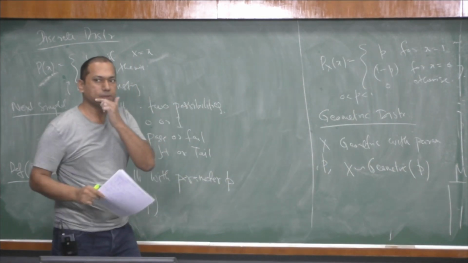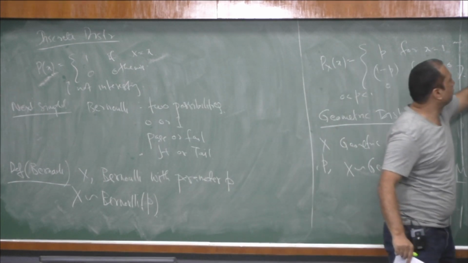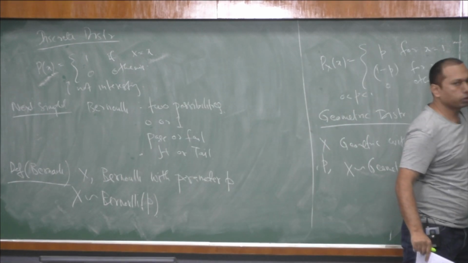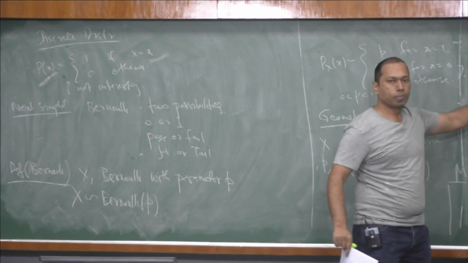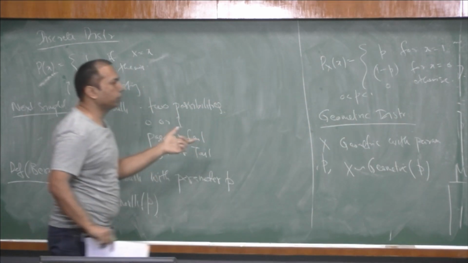Sometimes in books, you may see them put P^(k-1) and (1 - P). It depends on what they are taking P for, whether it's the probability of head or the probability of tail.